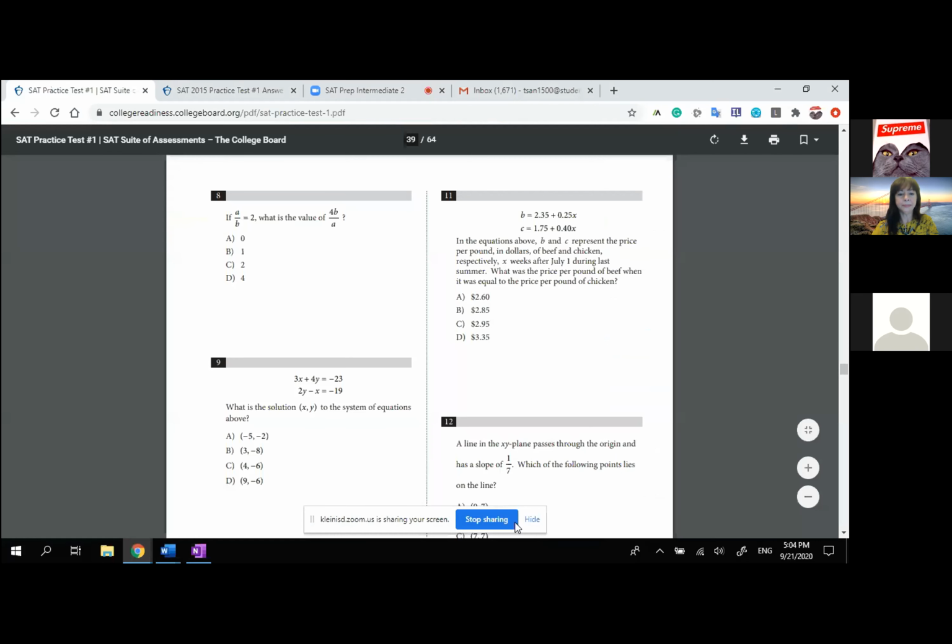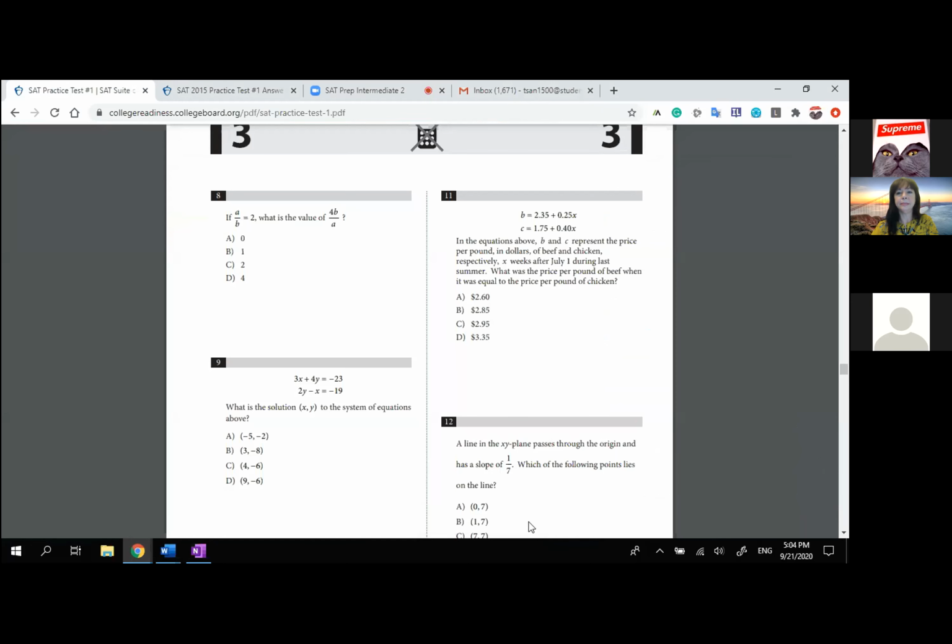Okay, everybody can hear me, I hope, I think, cool. If not, then I'm talking to myself, and that would not be cool. Okay, so we're gonna go ahead and start off with a couple questions. And by the way, you guys are in the SAT Prep Intermediate group, so this isn't beginner, and it isn't advanced. You guys are in intermediate. There are 2 Zooms for intermediate, but you're stuck with me. So we'll go ahead and get started here.